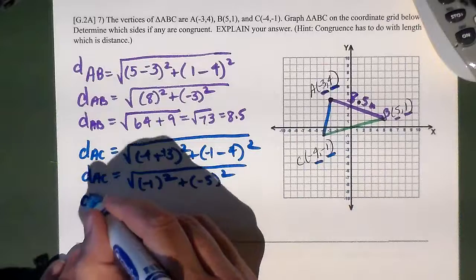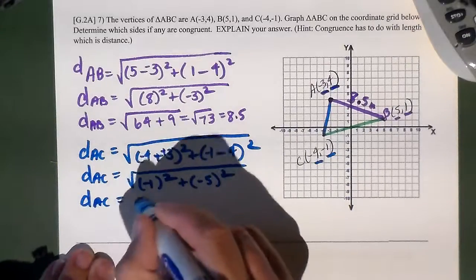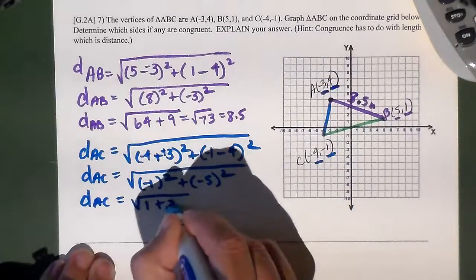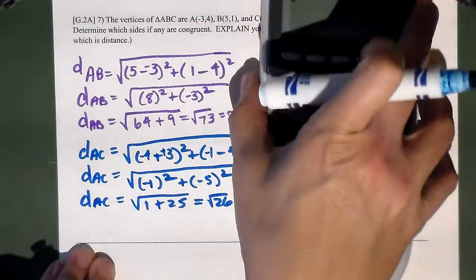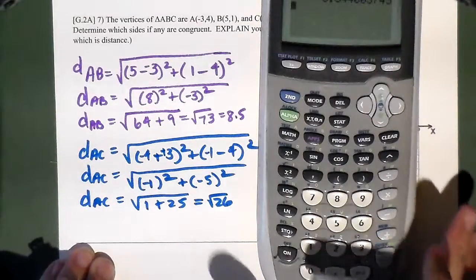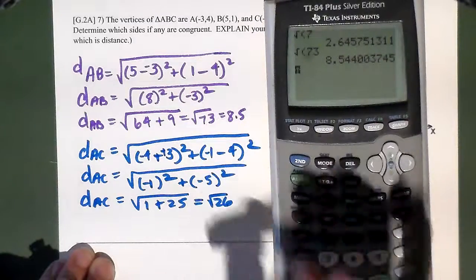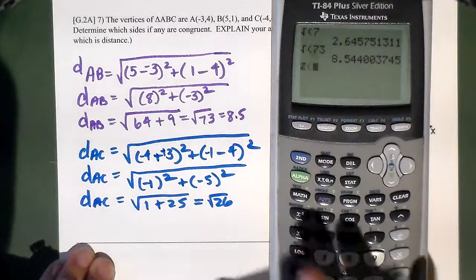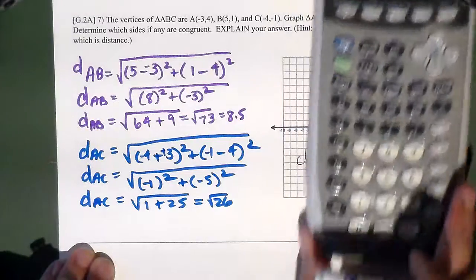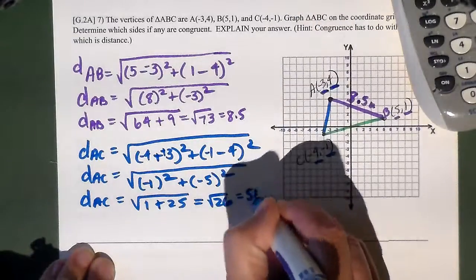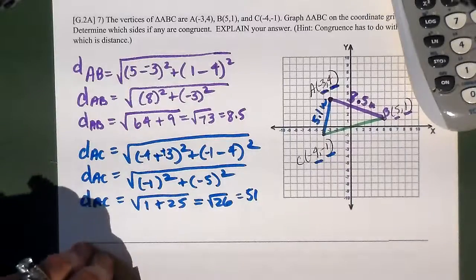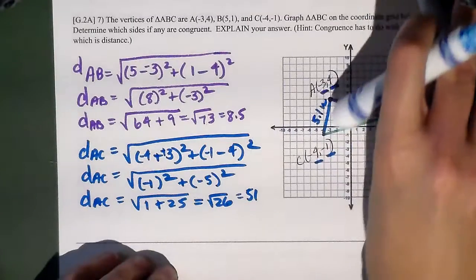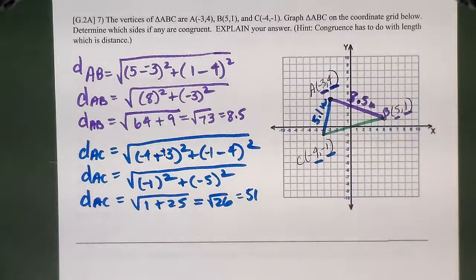Well, what happens when you square negative numbers? They become positive. So I have 1 plus 25, which equals the square root of 26. So the square root of 26 is about 5.1. So this side is 5.1 units long. All right, so we know for sure we don't have an equilateral triangle. The question is now, is it isosceles? Well, let's find the last side.